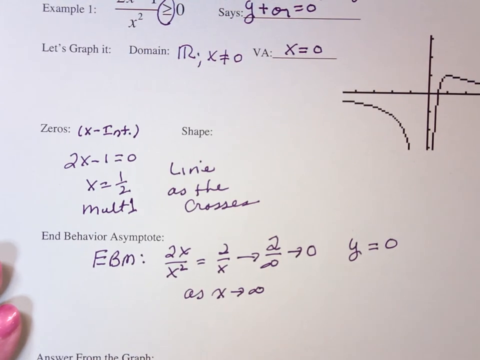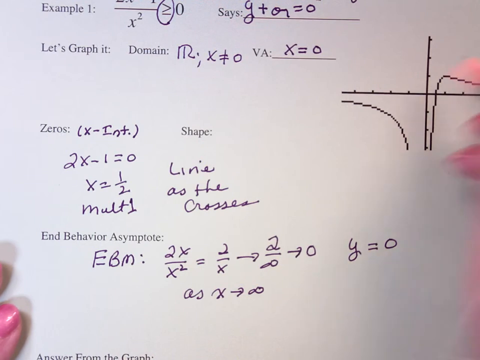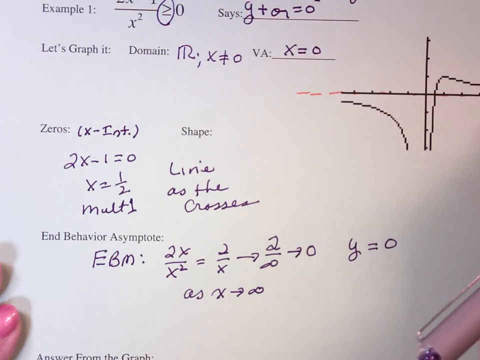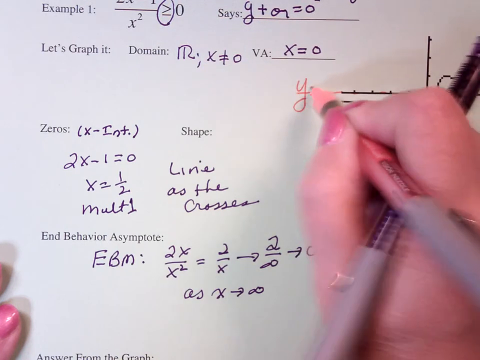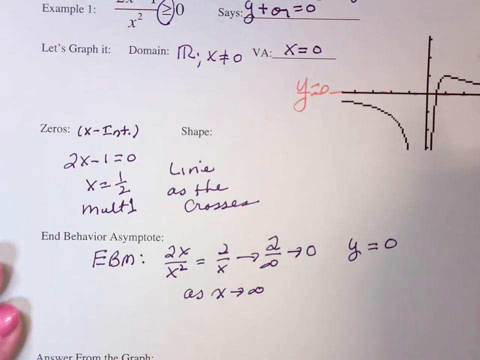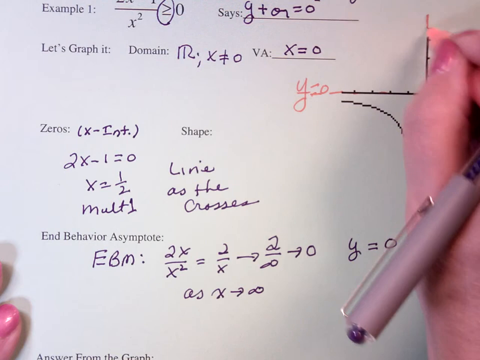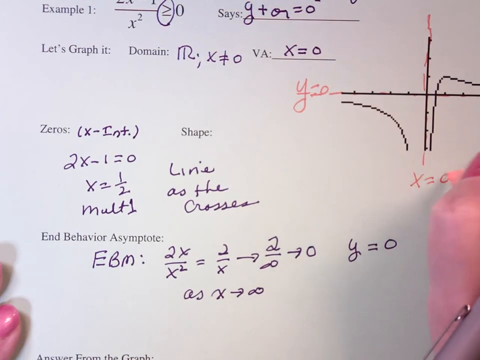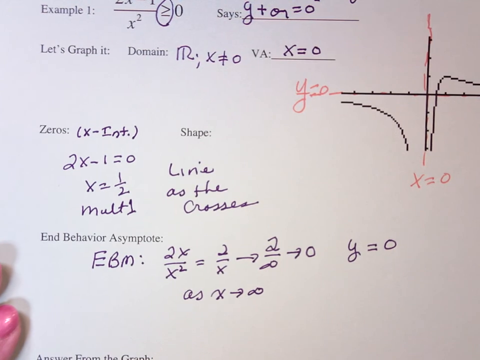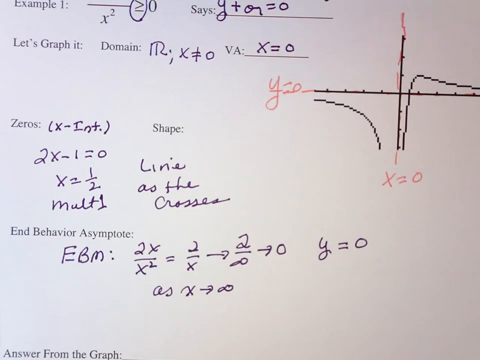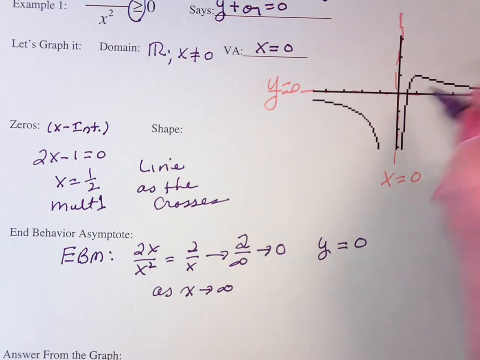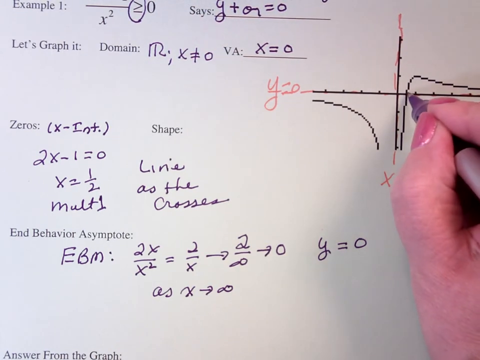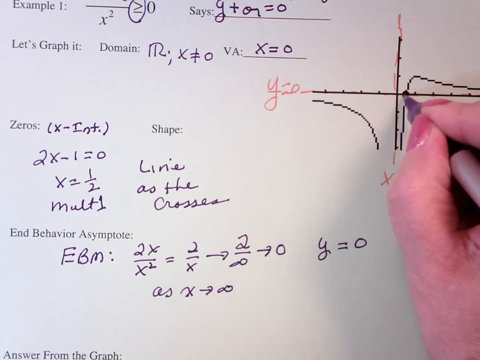So if I were to put that on my graph paper, I have an HA at y equals 0. I have a VA at x equals 0. And it crosses the x-axis at 1/2, and there's your x-intercept.